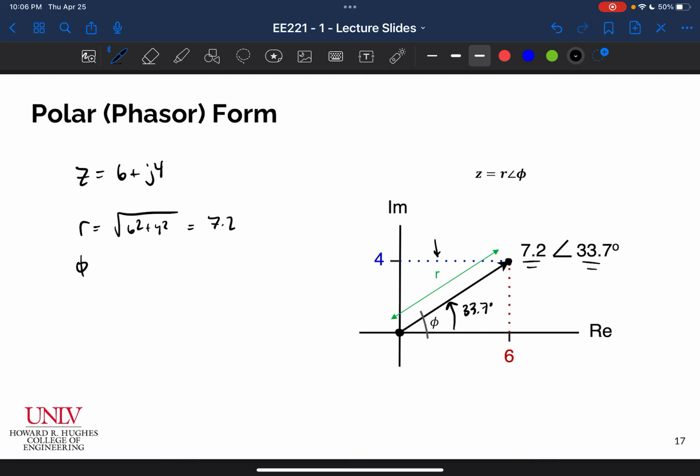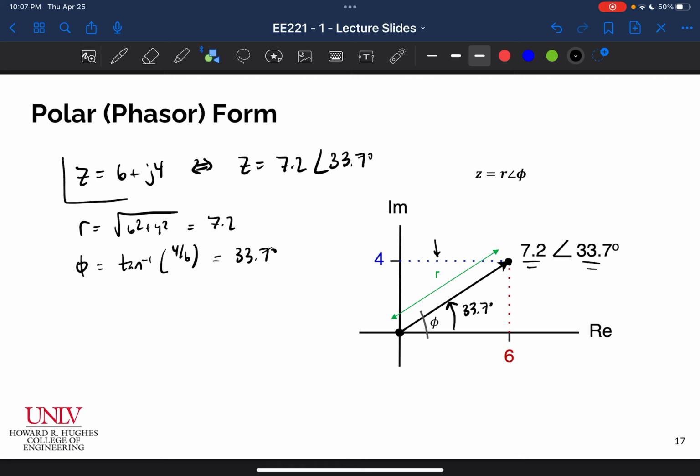And the theta, which is the tan inverse of y over x, or in this case 4 over 6, which gives me 33.7 degrees. And then I can rewrite z as r angle theta, or 7.2 angle 33.7 degrees.